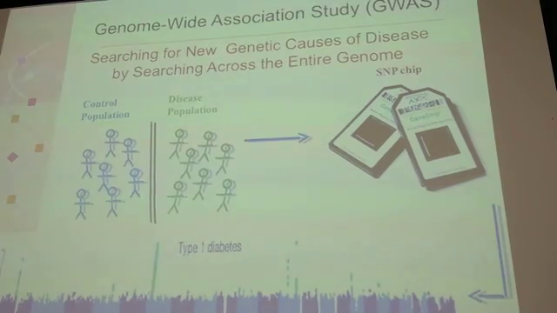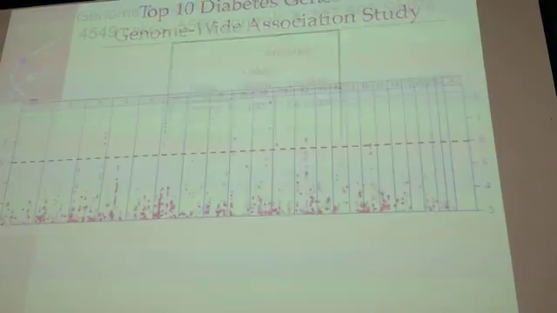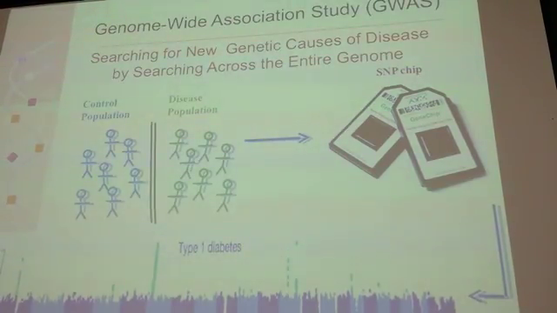That association is quantitated by a statistical value called the p-value, and using the minus log p-value, you get a number that you can display quantitatively. So don't worry about statistics, just know that this number on the y-axis is an index of the strength of the association.